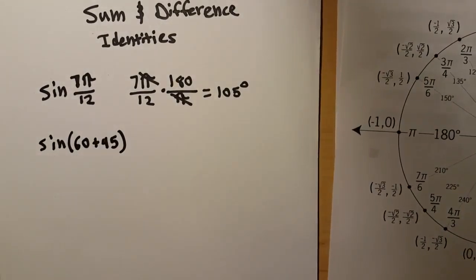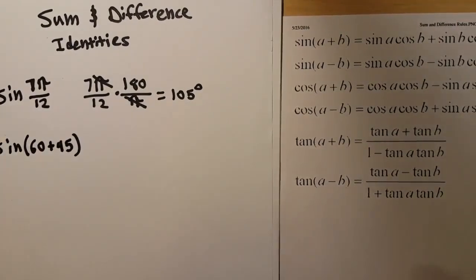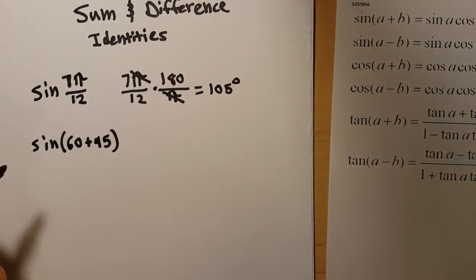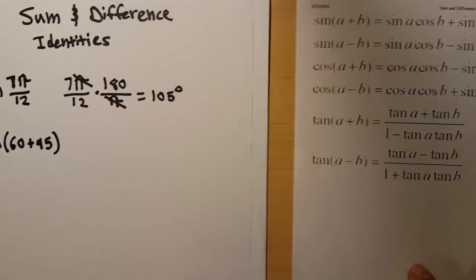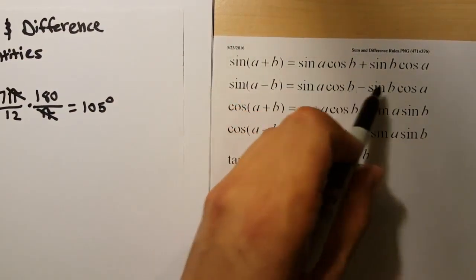The next step is to look at our identities. We see that sine here is 60 plus 45, so it's sine added. We look here and see that sine and added gives us this.